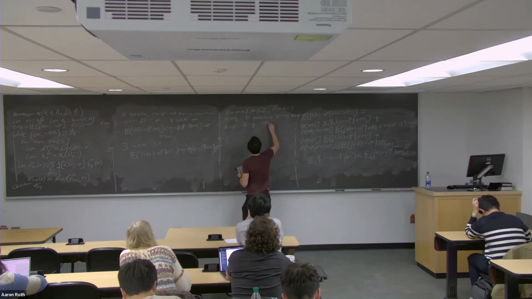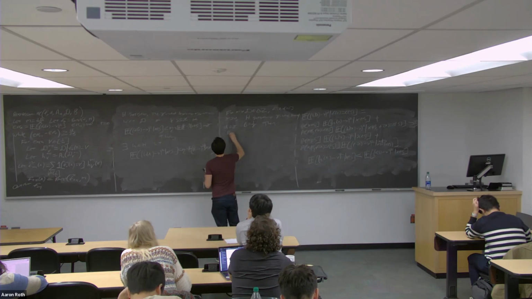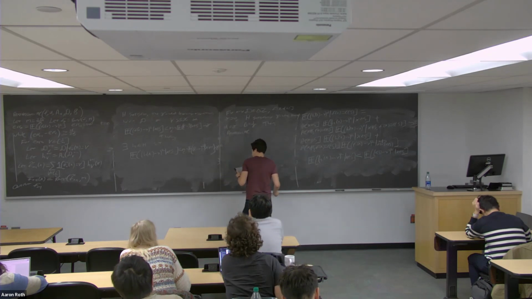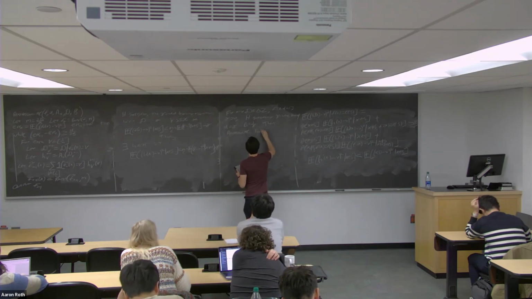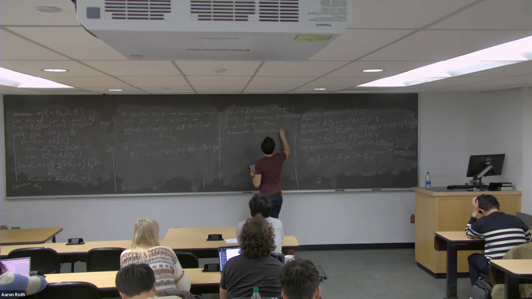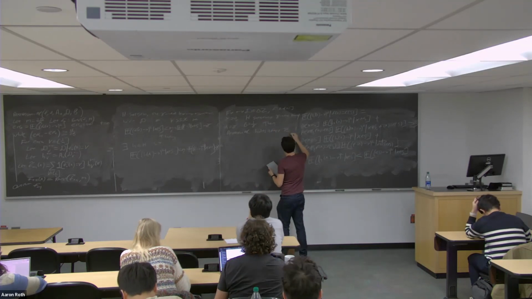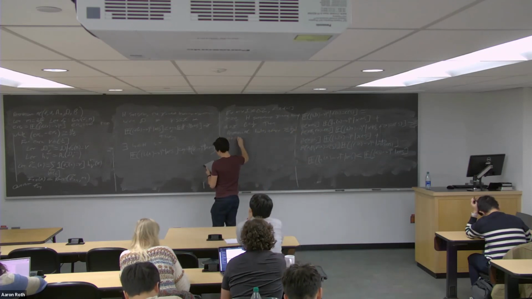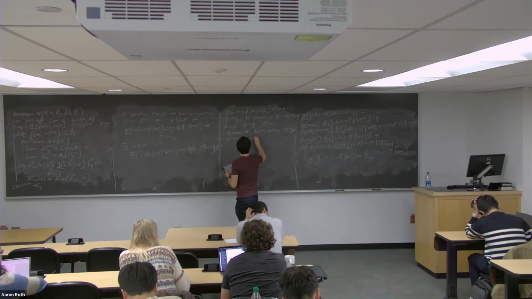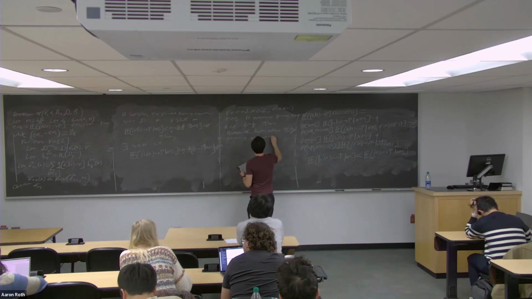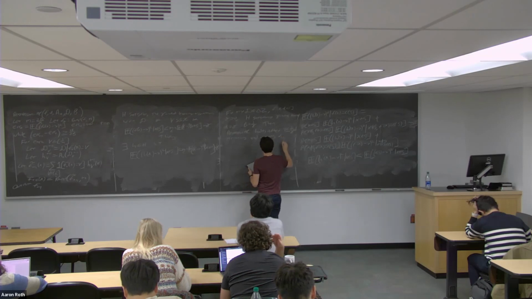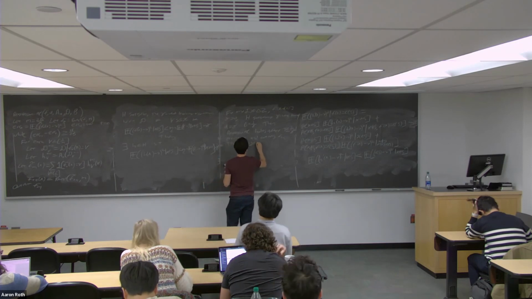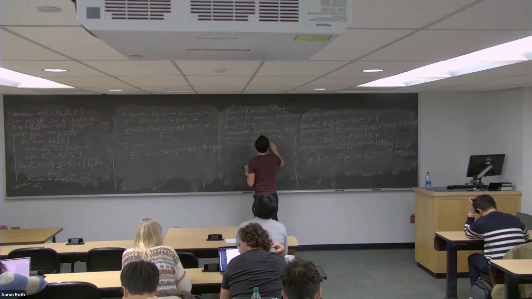Then regression multi-calibrate halts after at most 2 over gamma squared iterations and outputs a function f_{t-1} that is 2 gamma approximately Bayes optimal.